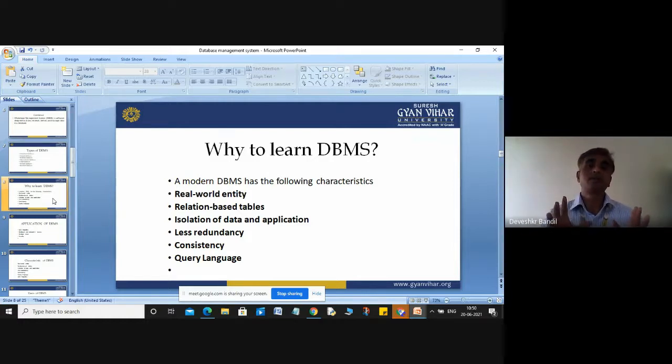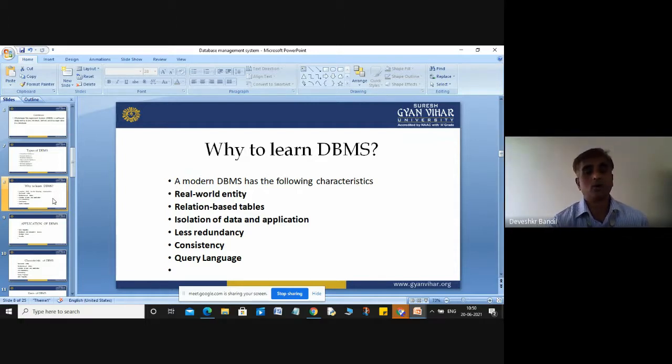That's why normalization is the most important concept of DBMS. You can't make any database without normalization because normalization will reduce the redundancy and the duplicacy.